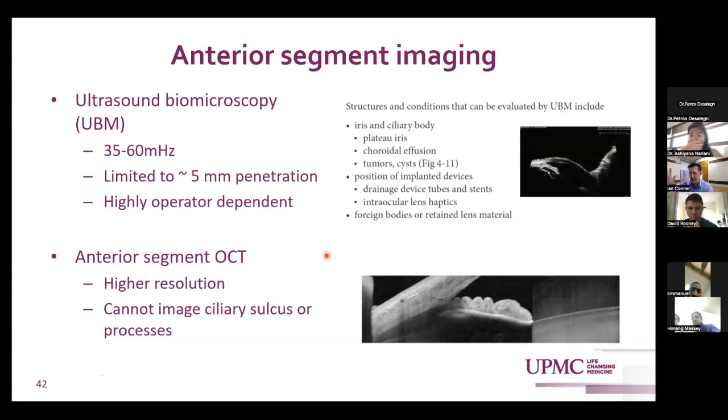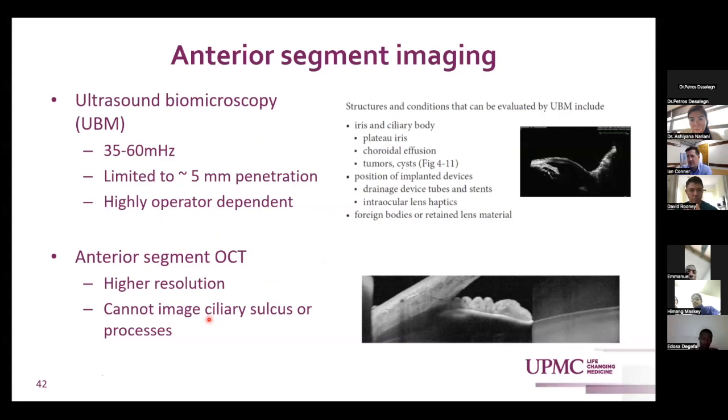So things that move around in the eye might be affected by that positional change as well. And you can train almost anybody to do an anterior segment OCT because the machines are pretty straightforward, but you really need a skilled operator for UBM, and you have to ask specific questions with UBM. I want to look at the iris root at 5 o'clock in order to get specific answers.